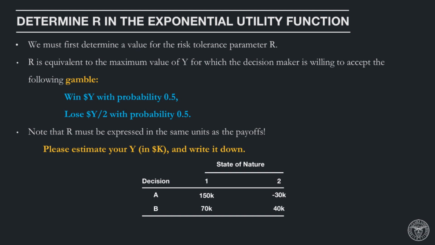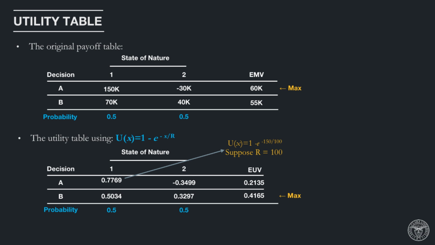And you don't want to increase the Y value anymore, because if you increase the Y value, you feel insecure and it makes you scared of the game and you don't want to play. So I'm going to suppose you find such a Y value that you are indifferent of these two choices. And for my case, I can assume I have R equal to 100.